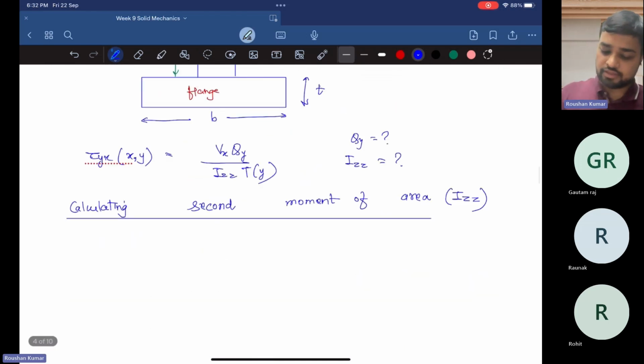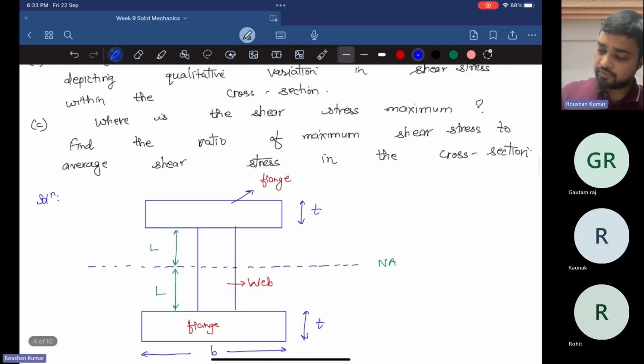Okay, so let's start to find the second moment of area of the flange. So Izz for the flange. So we have to find first the moment of area about neutral axis of this flange.